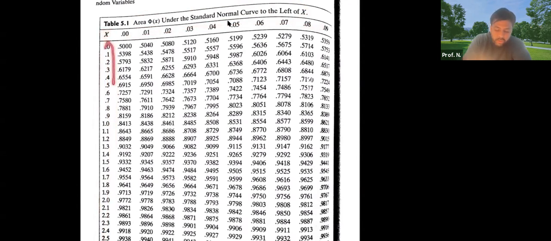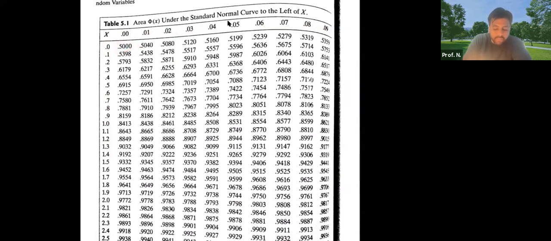So for example, if I want to find the area underneath the curve to the left of 0, well, I look at 0.0, 0.00. So these numbers here are the hundredths place, and this gives me until the tenth place. You put this together, 0, 0, and the area to the left of that 0 is 0.5, which is what we already established.